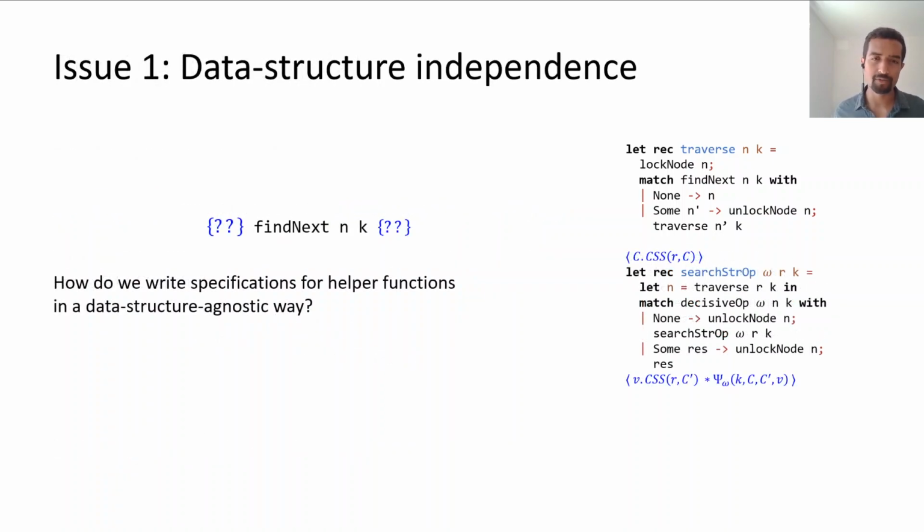Now, to do a proof like this, we face a couple of technical challenges. The first one is, how do we specify these helper functions like findNext? Because remember, they should hold for both a B-link implementation and a hash table implementation, indeed any other sensible implementation. So we need to write down the specification in a way that doesn't tie us to a particular data structure implementation.